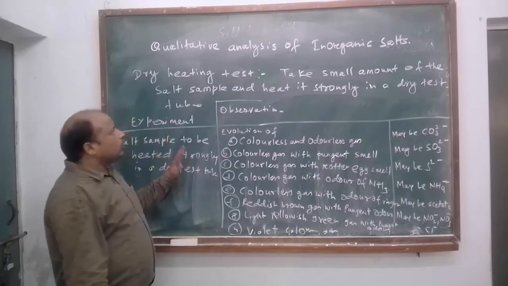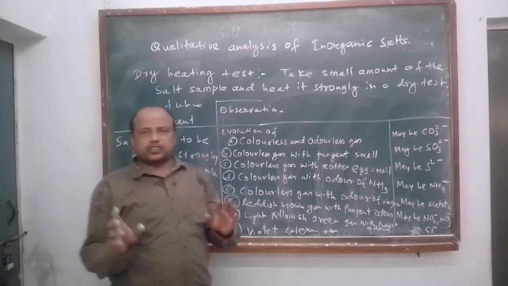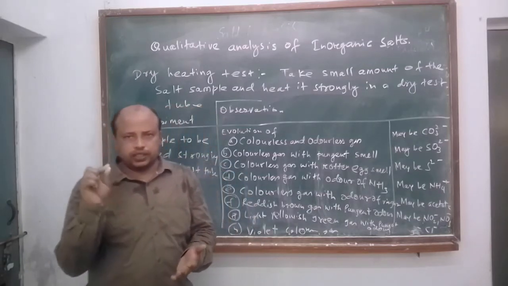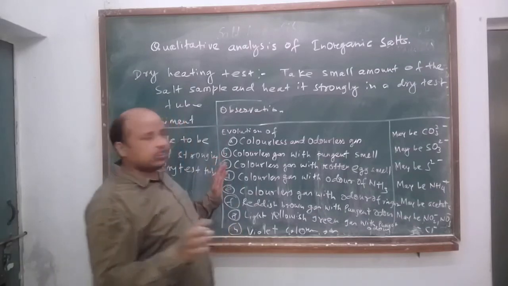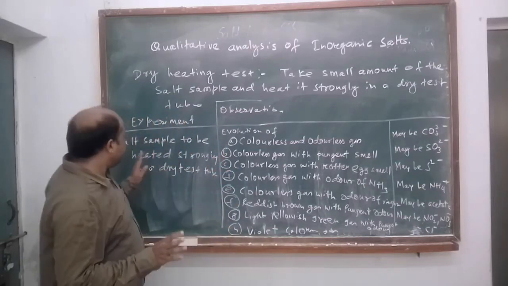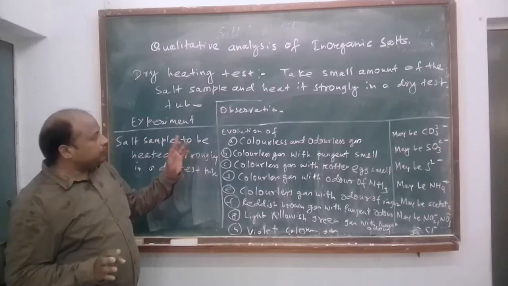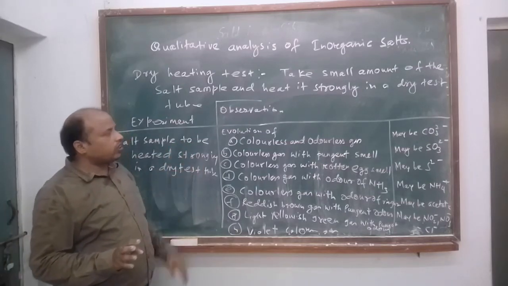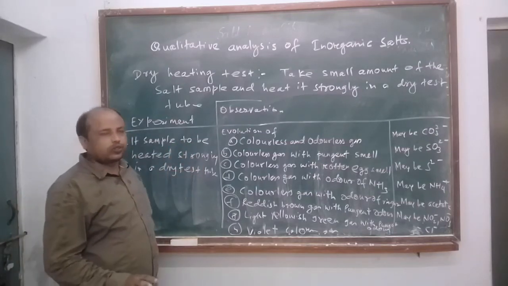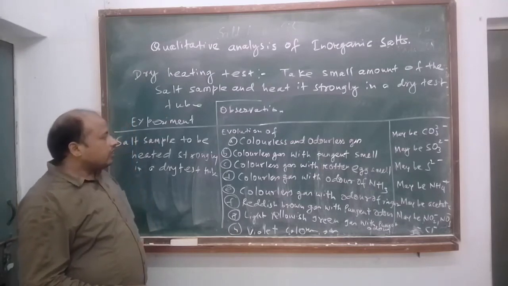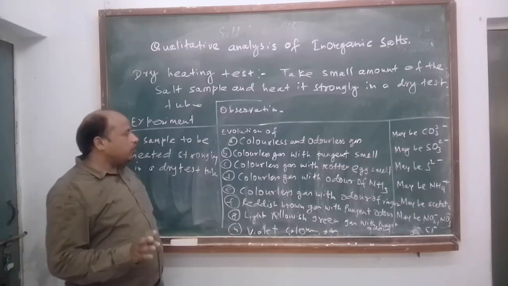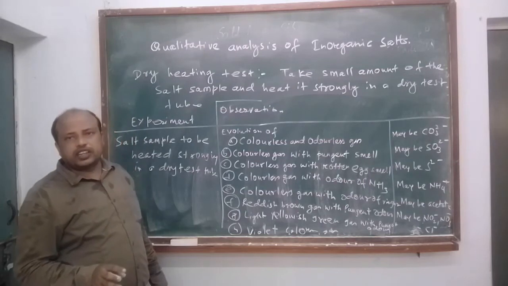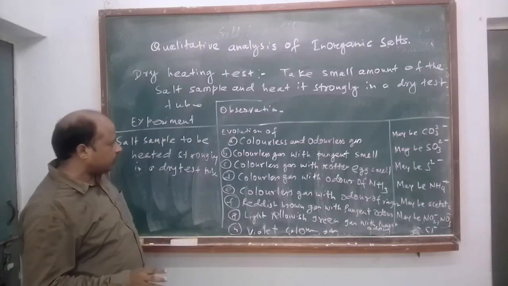What we have to do next is called the dry heat test. We have to take the dry salt sample in a test tube and heat it strongly. If there is evolution of colorless and odorless gas, then it may be carbonate salt. If there is evolution of colorless gas with pungent smell, then it is a sulfide salt.